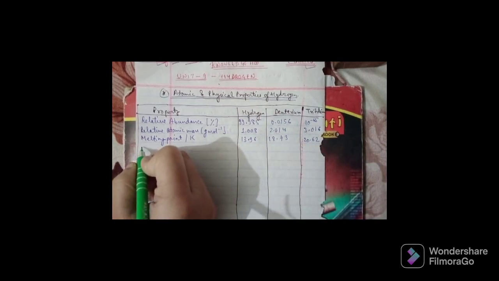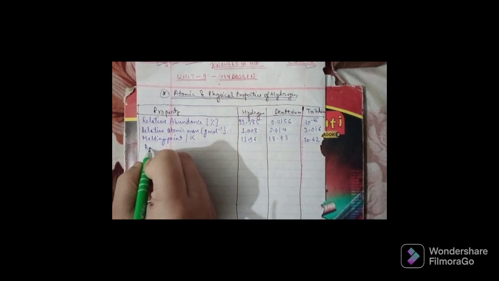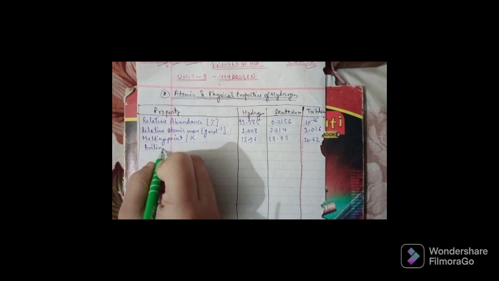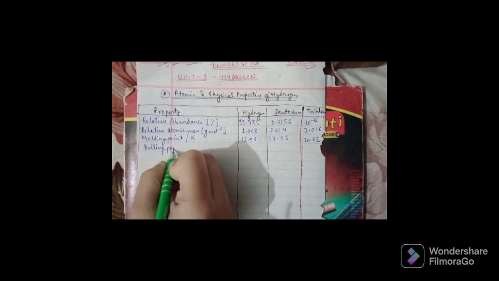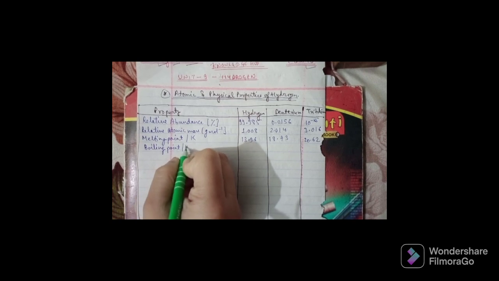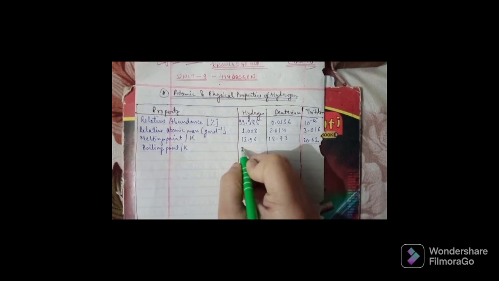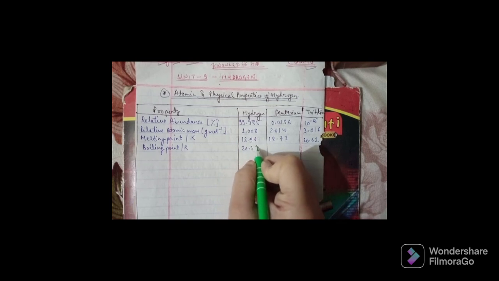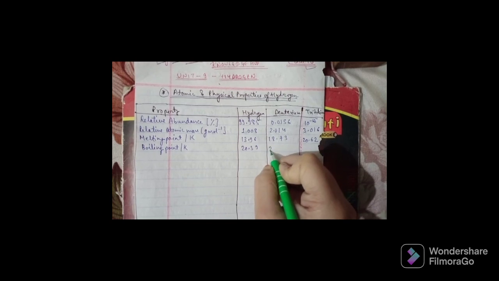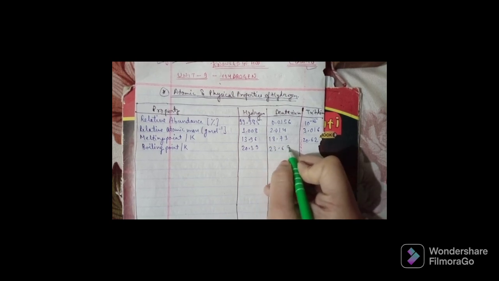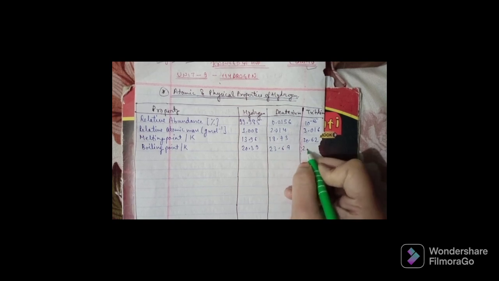Another one is boiling point, in Kelvin, which is 20.39, 23.67, and 25.0.